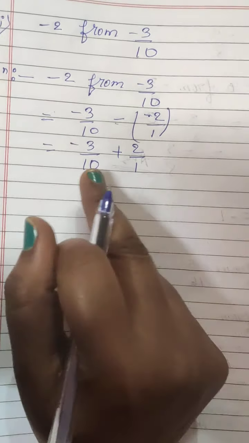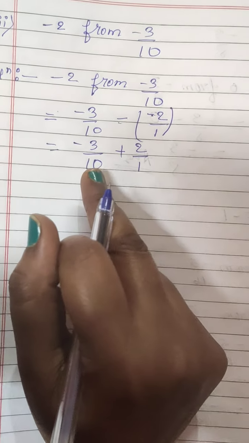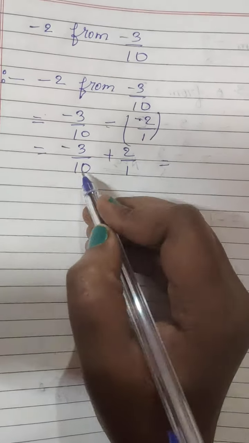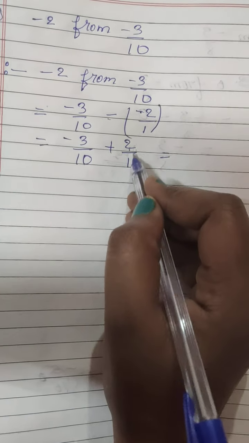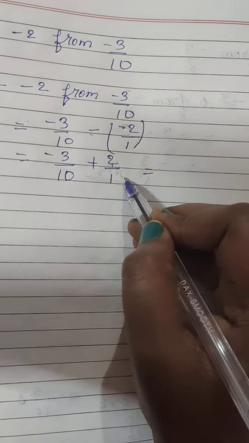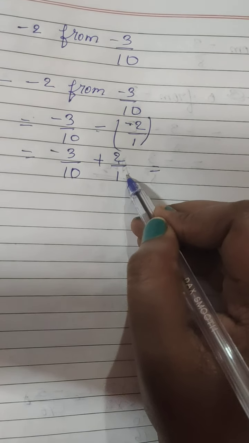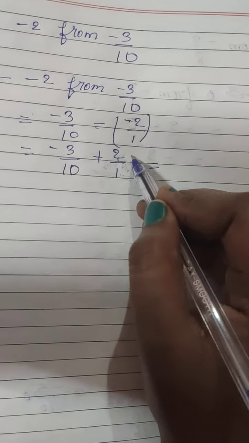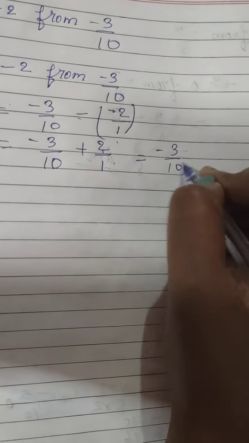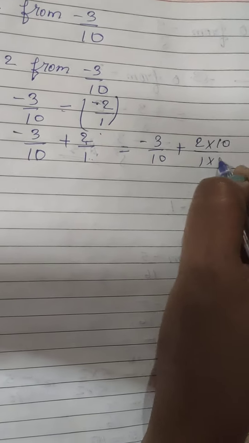So when you take the LCM of 10 and 1, that is 10. Here it is already 10, so only in this one you have to make 10. So in this you will multiply 10 in the denominator, you get 10. So in the numerator also you have to multiply. So minus 3 by 10 plus 2 into 10 by 1 into 10.